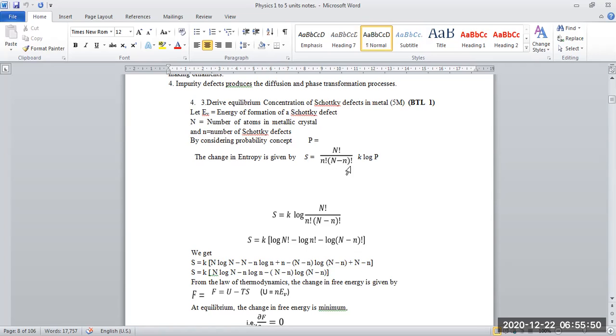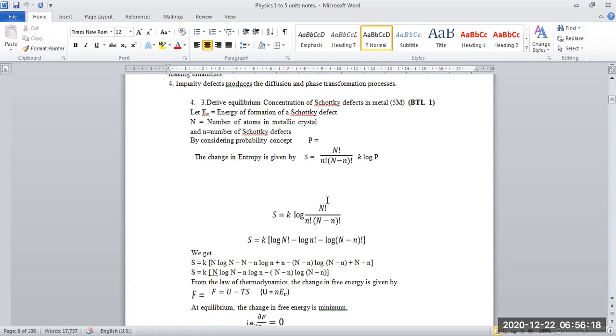That is the probability that we are assuming to calculate the Schottky defect atoms from the total number of atoms, right? So now the second step: S is equal to k log N factorial by small n factorial multiplied with capital N minus small n factorial.